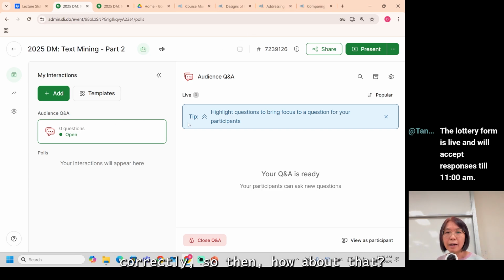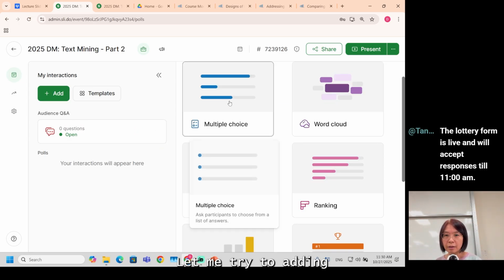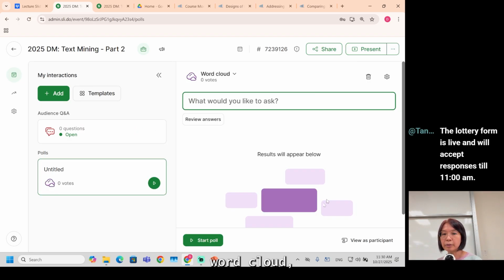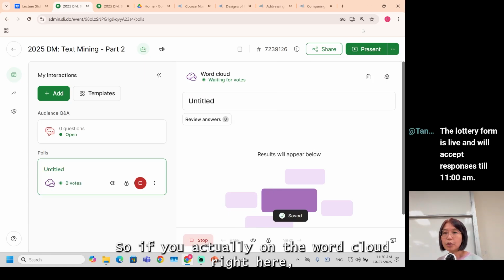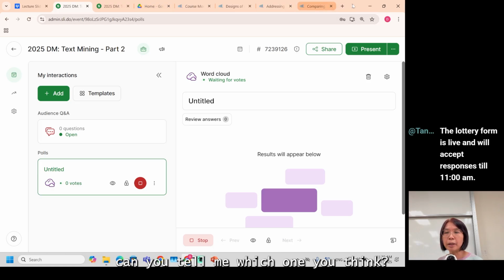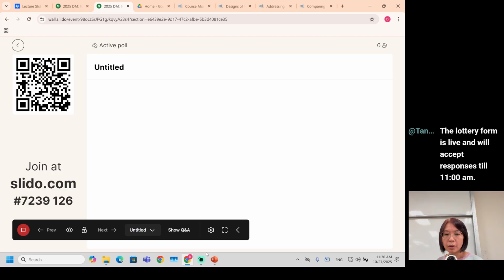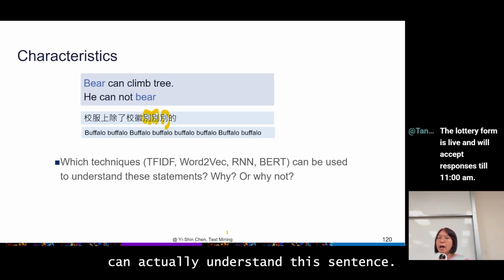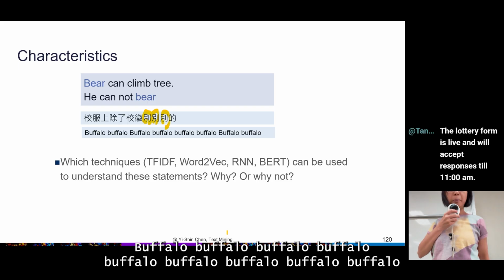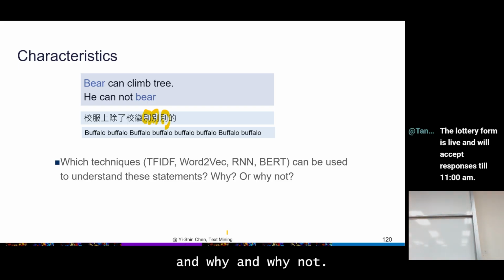So how about that? Let me try to add in a word cloud right here. If you look at the word cloud, can you tell me which one you think can actually understand this sentence, buffalo buffalo buffalo buffalo buffalo buffalo buffalo buffalo? And why not?